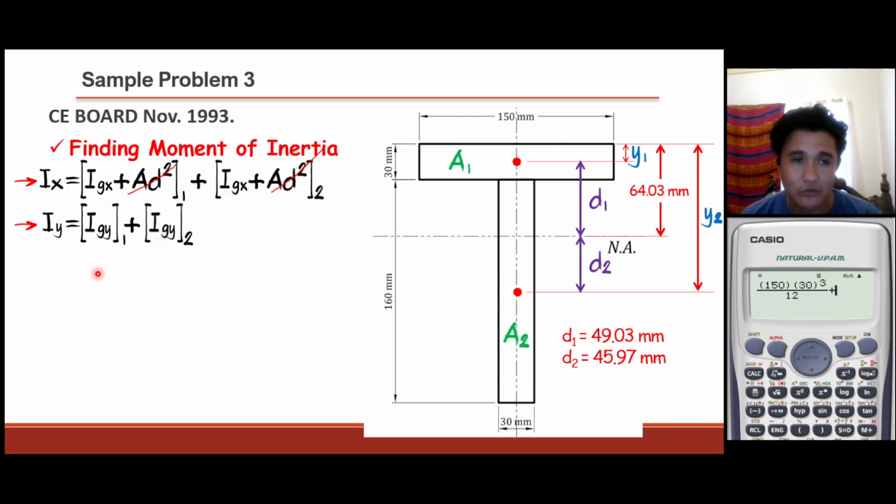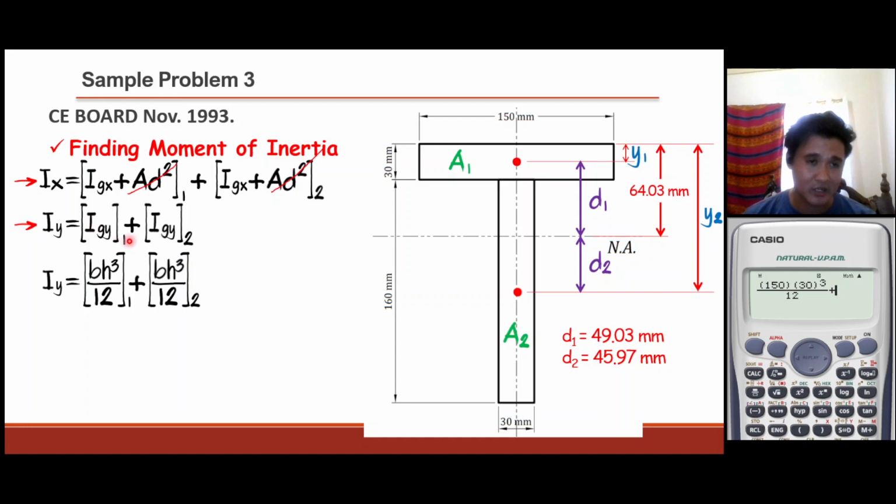Okay? So getting the moment of inertia with respect to y, so hb cube over 12 dapat ito. Hb cube over 12 ng section 1 plus hb cube over 12 ng section 2.